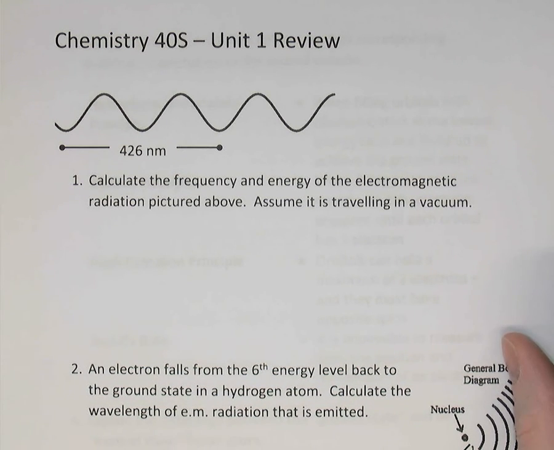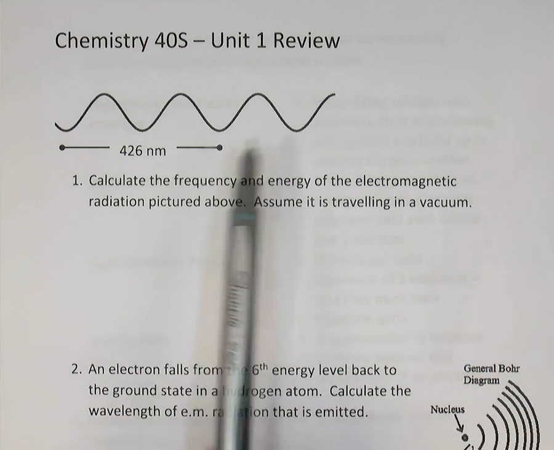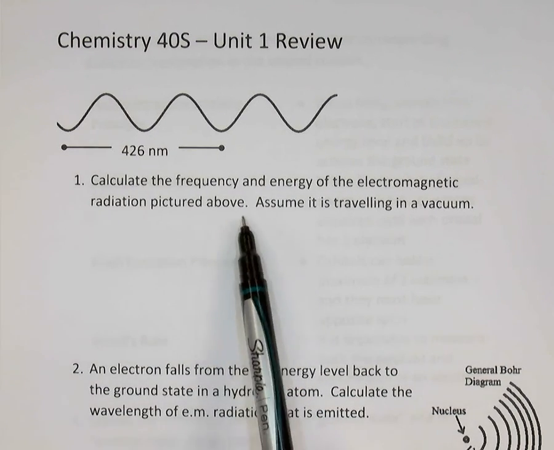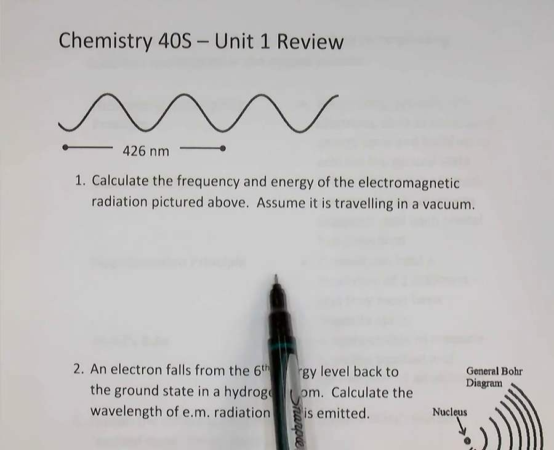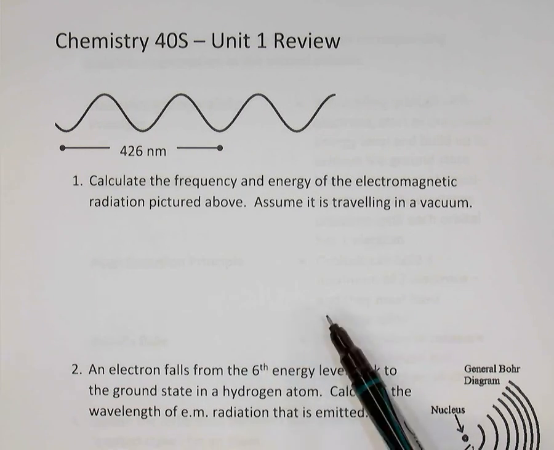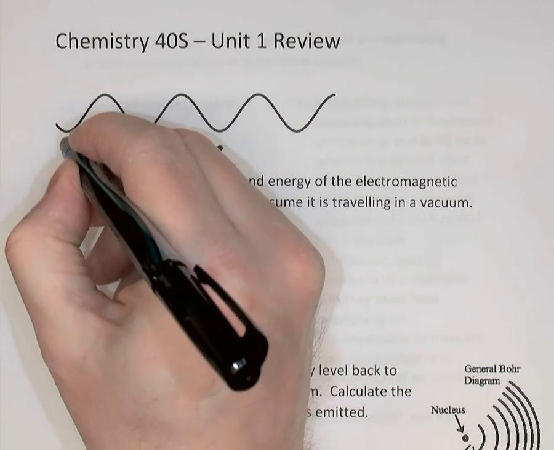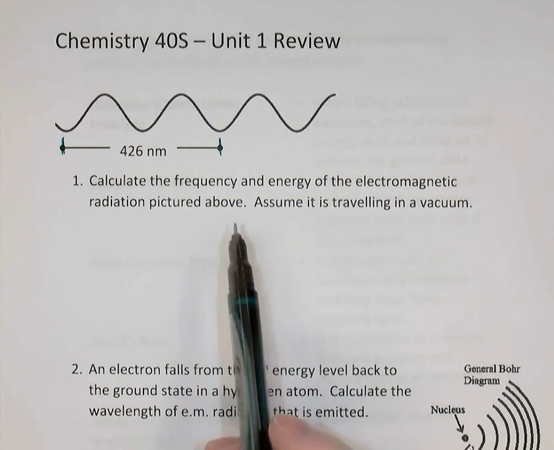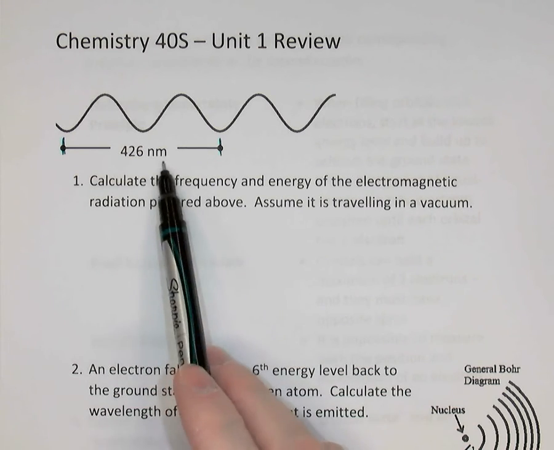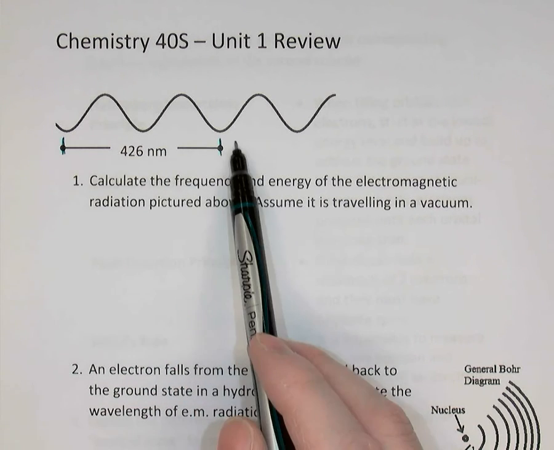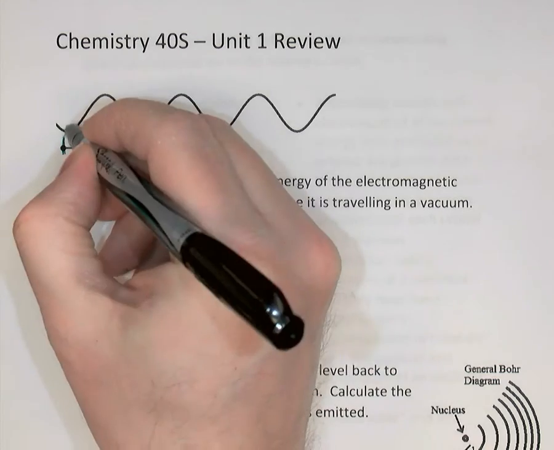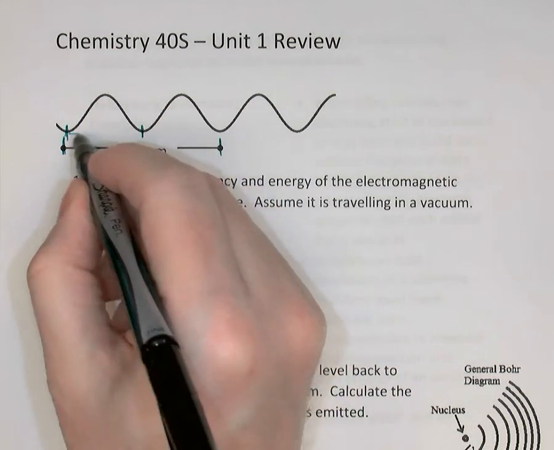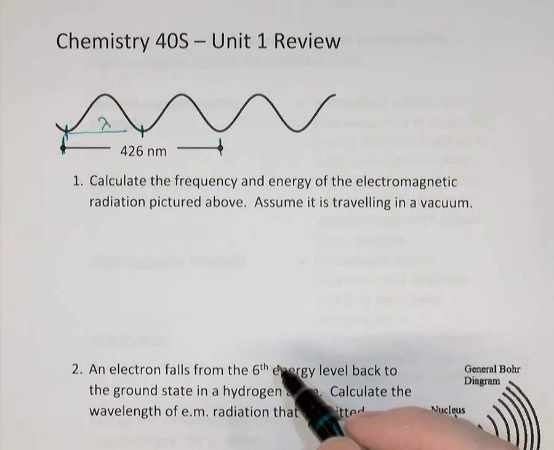So this first question, we're starting with the nature of light. We have here pictured some electromagnetic radiation, and we're asked to find the frequency and the energy of the radiation. In the picture, we're told that the distance from here to here in the radiation is 426 nanometers. Now, looking at the way that's pictured, the distance from this trough to this trough in the wave would be one wavelength.